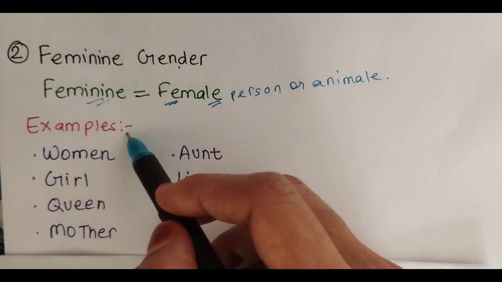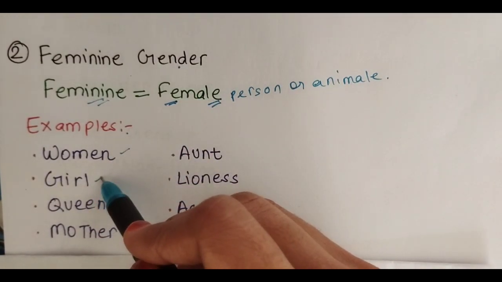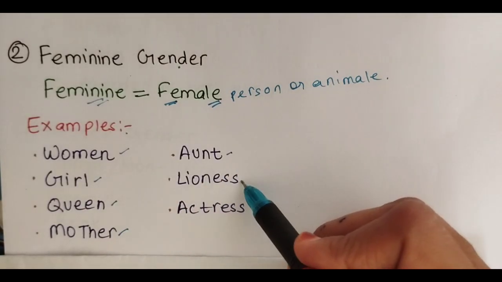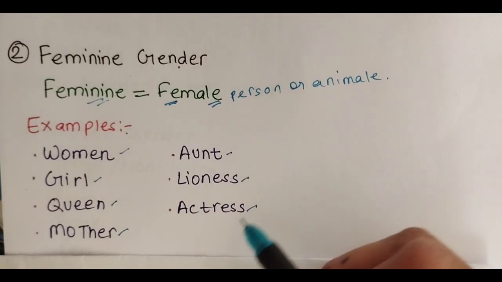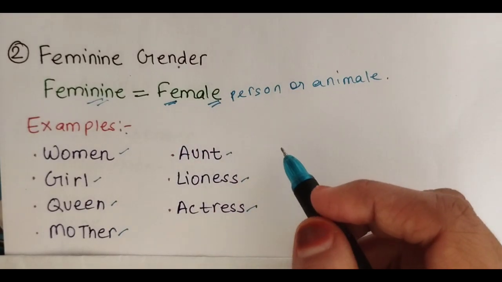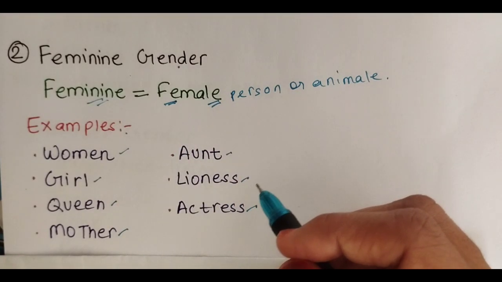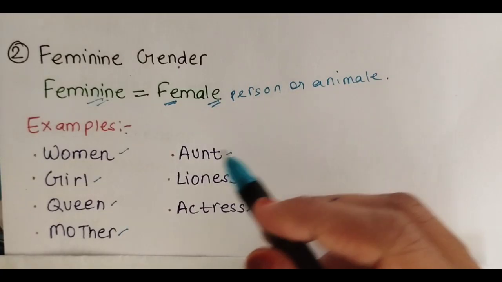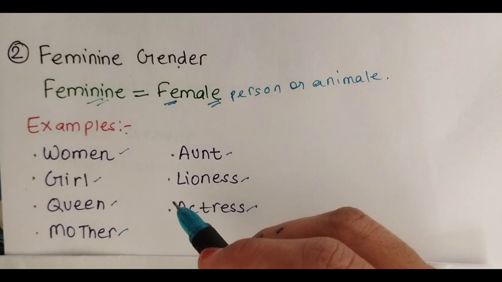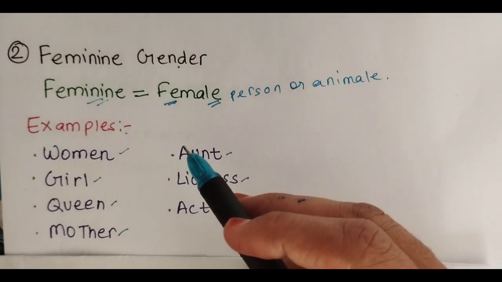Okay, for example, woman, girl, queen, mother, aunt, lioness, actress all come under the feminine gender, or anything else that denotes that it's a female will come under the feminine gender. Okay, now don't confuse between masculine and feminine.